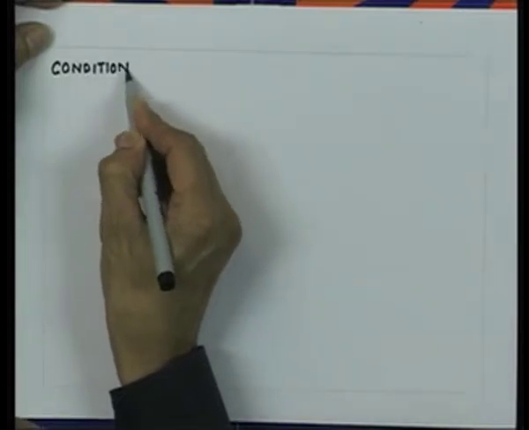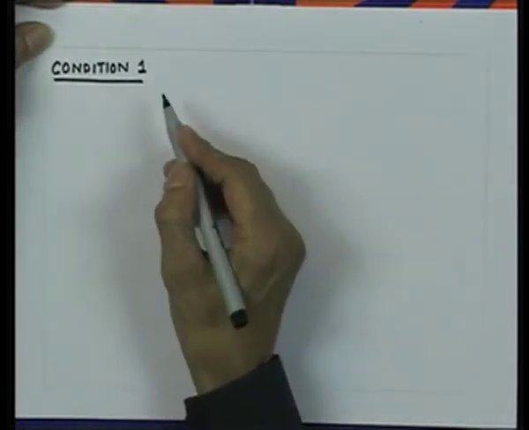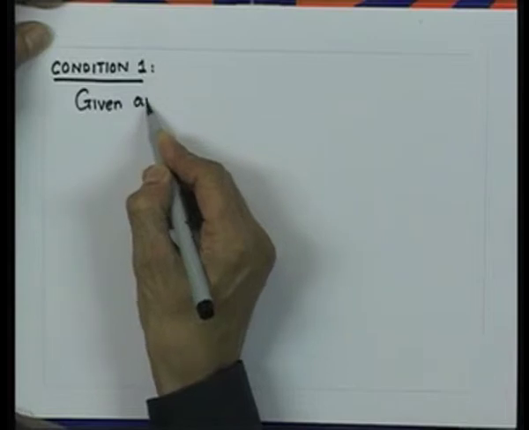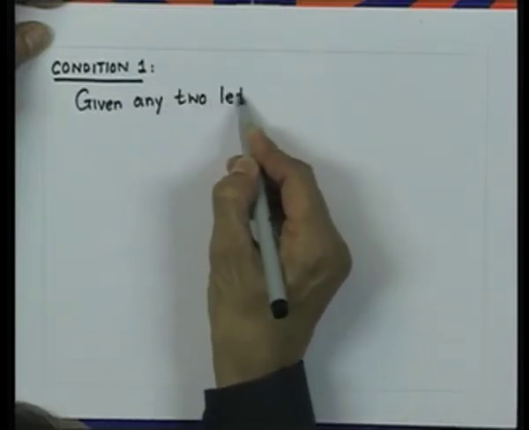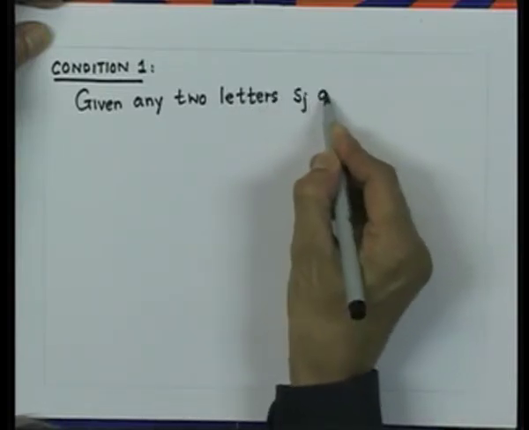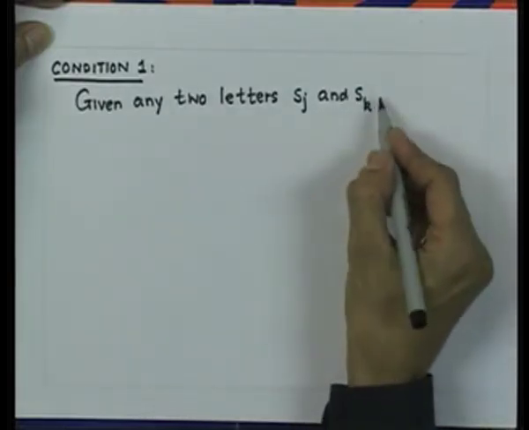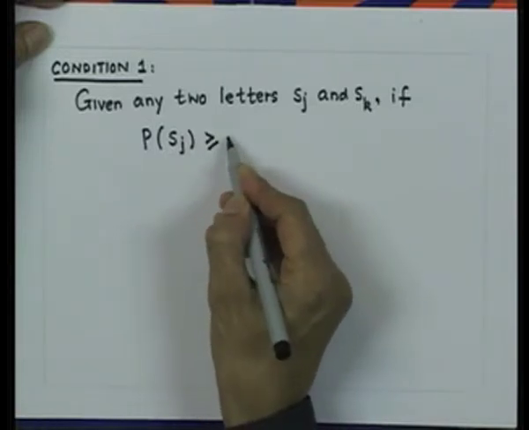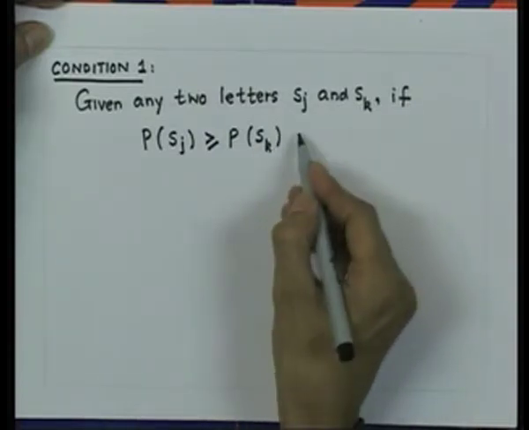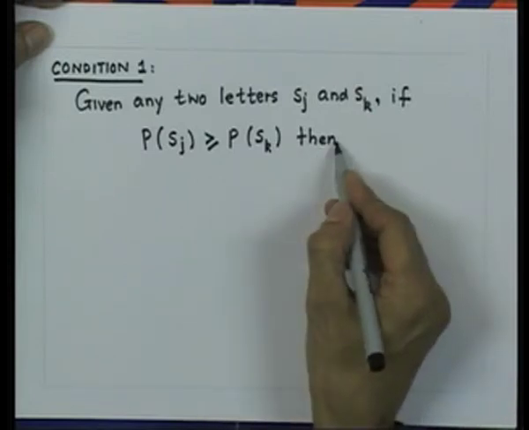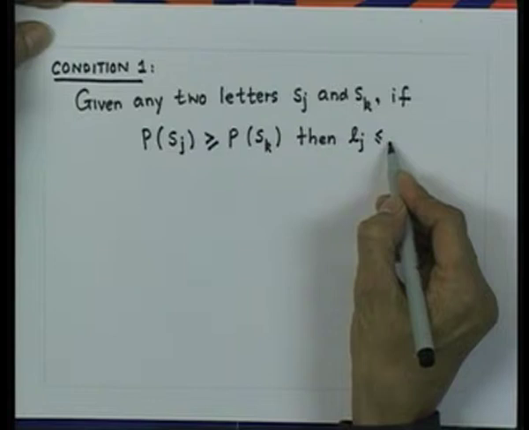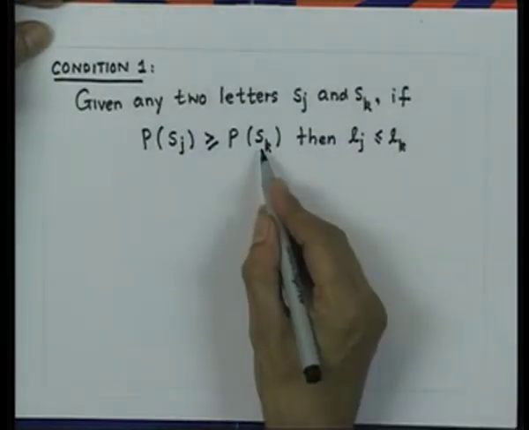So, the first condition which an optimal variable length binary code has to satisfy is, given any two letters Sj and Sk, if probability of Sj is greater than or equal to probability of Sk, then the code word length associated with the symbol Sj, that is Lj, will be less than or equal to the code word length associated with the symbol Sk.